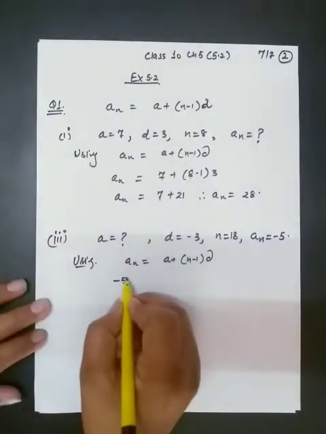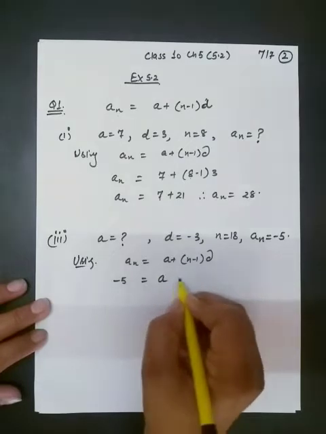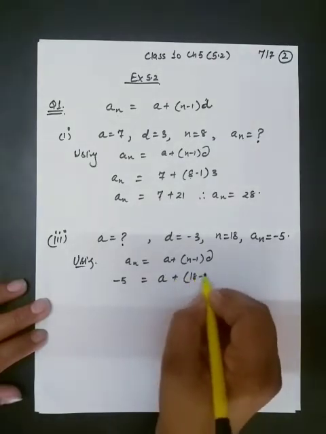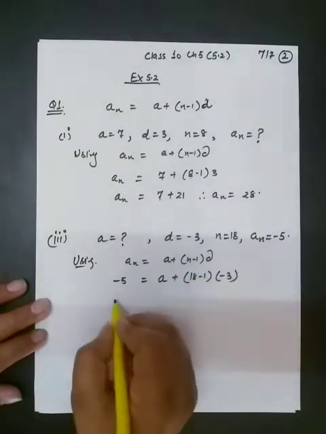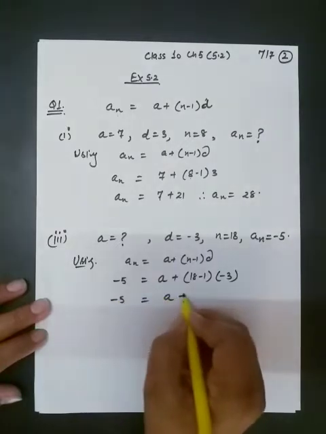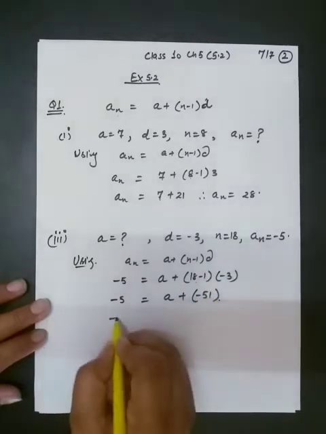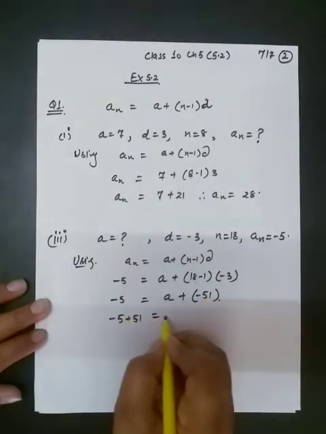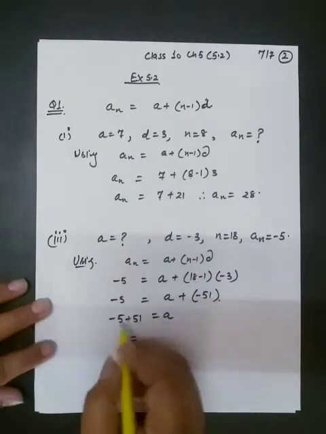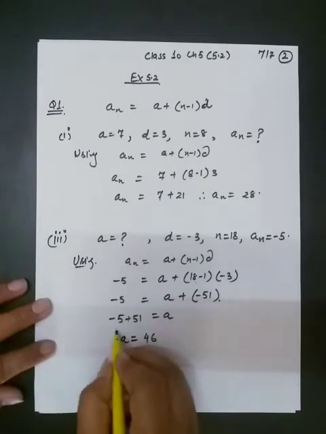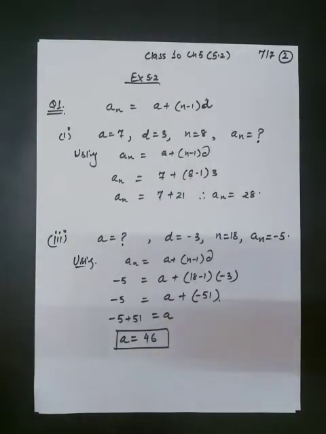An is -5, a is not known and n is 18. D is -3. -5 is equal to a plus 17 into -3, that will be -51. -5 plus 51 is equal to a, and a is 46. So this is the answer of our question.